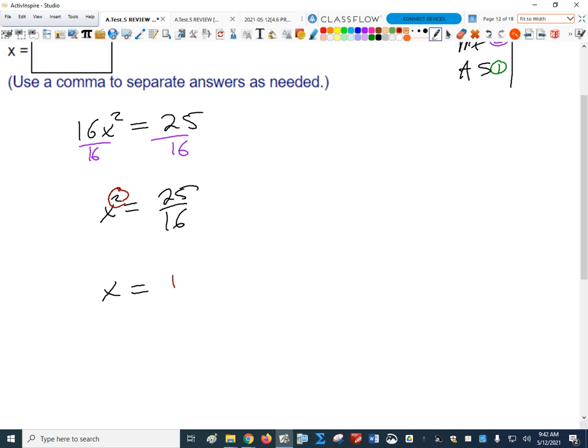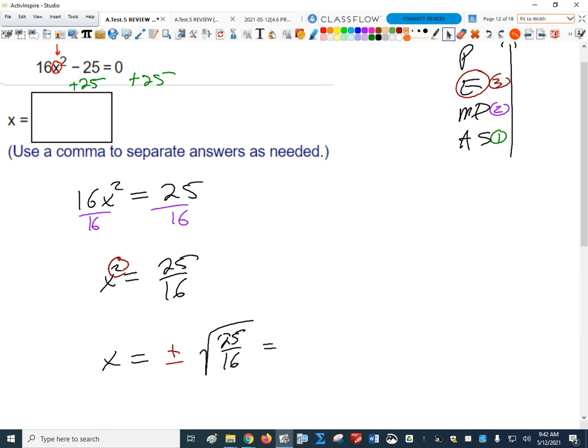So I'm getting my plus or minus the square root of 25/16. So what's the square root of 25/16? 5/4. We got it. Exactly. Okay, there it is. 5/4 and -5/4.